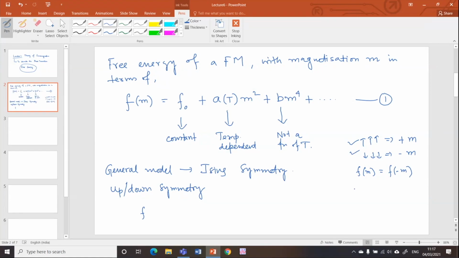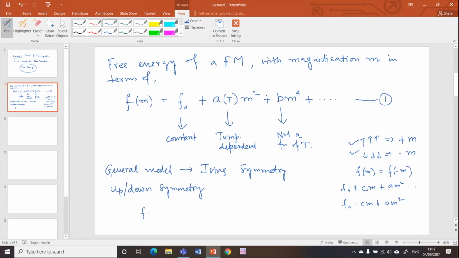So the energy of this and the energy of that should be identical, right? So now if you have an M term, let's say F0 plus some coefficient, let's say c times M plus A M square, and this is the energy for plus M, then for minus M this will be minus cM, right? But for the square term, this problem will not arise.